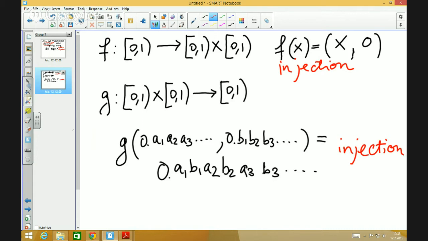In fact, we have already used this interleaving method in our previous lecture, to argue that the integers were as many as the natural numbers. We said, okay, I start from 0, plus 1, minus 1, plus 2, minus 2.